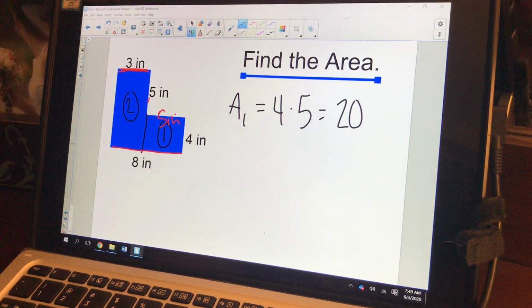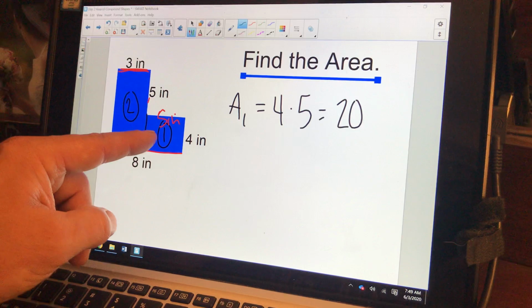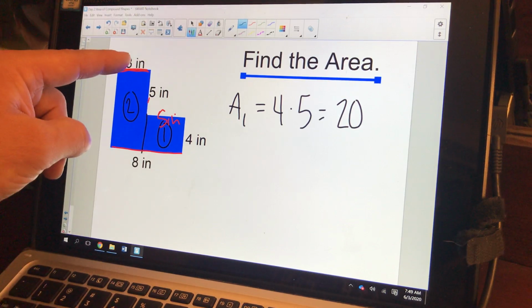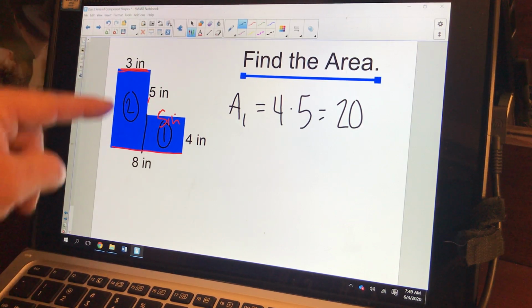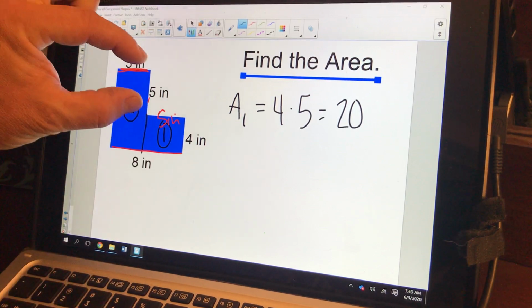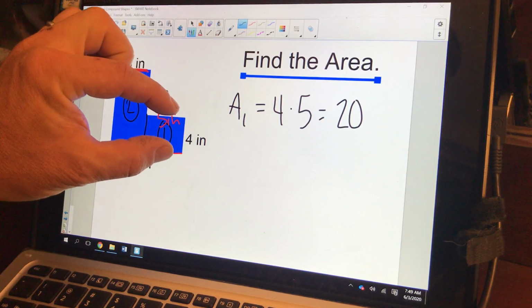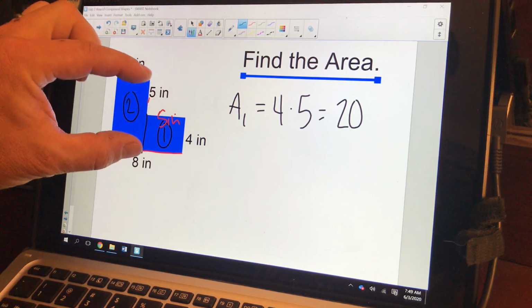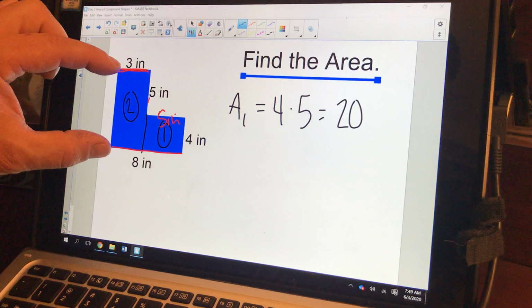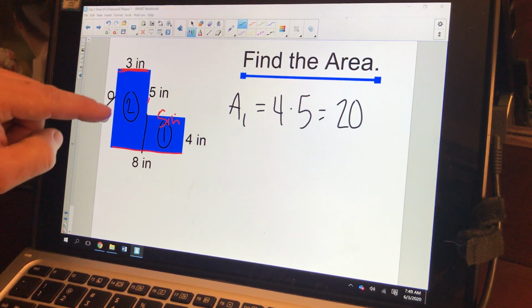And let me see, what's this other one? If I've used 5 of them, that means I have 3, and what's the height of this whole thing? Well, if I look at the other side, 5 inches for the height here, 4 inches for the height here. If I combine those, I get the height for all of this over here. That means that this is 9 inches.